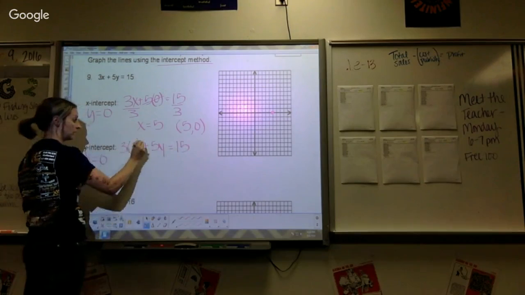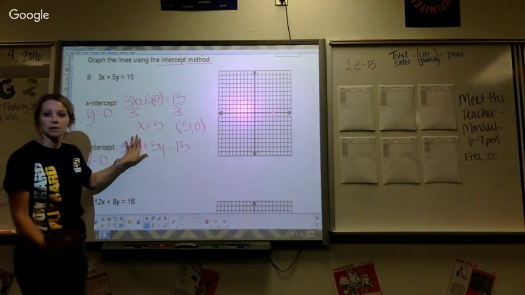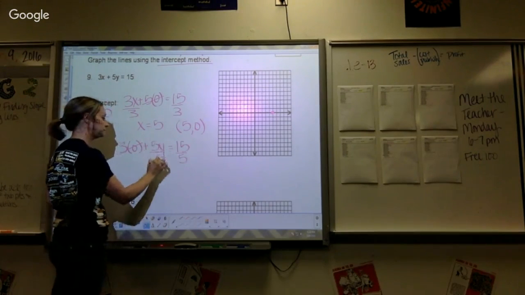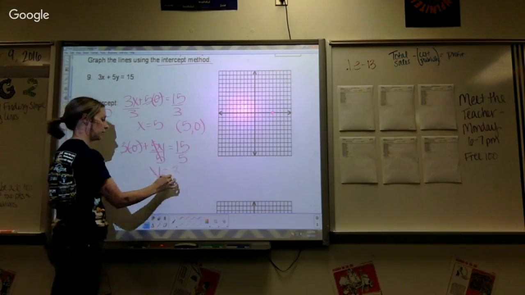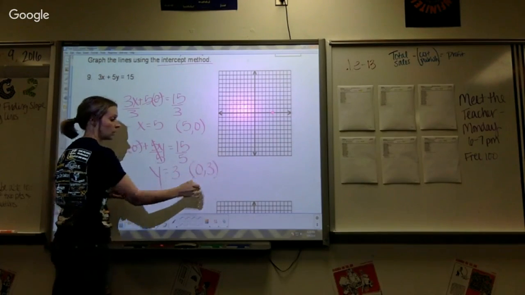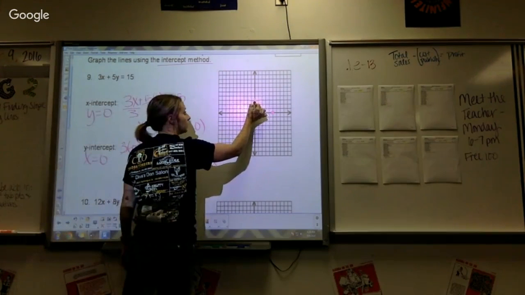And notice that will just cancel because that'll give me 0 there. So I can just cover up that x term, and then I'm just going to solve for y. So I'm going to subtract 5. So y would equal 3. X is 0, y is 3. So that would be the ordered pair. Crosses the y at 3.